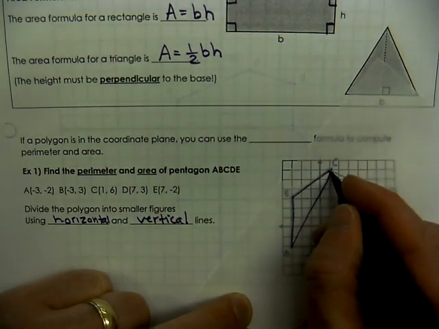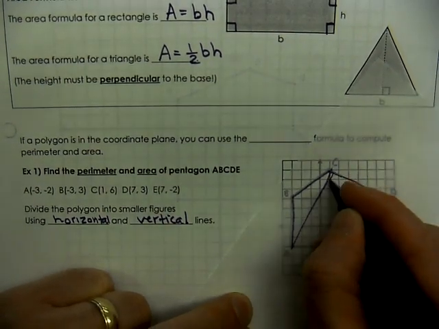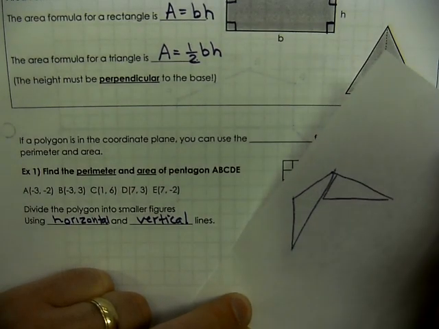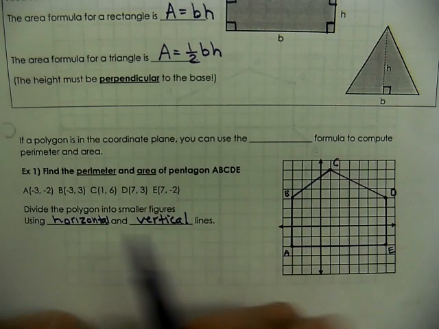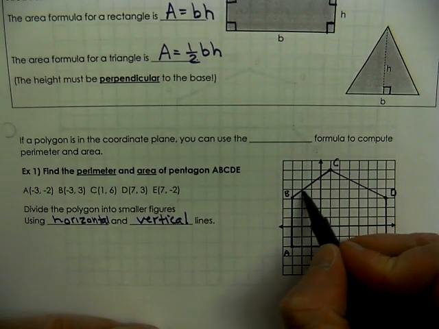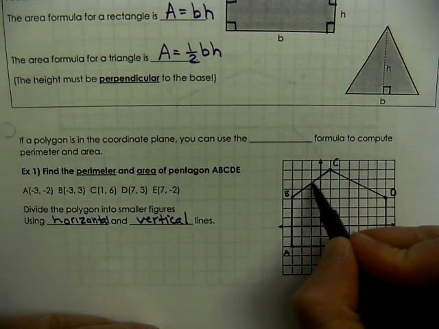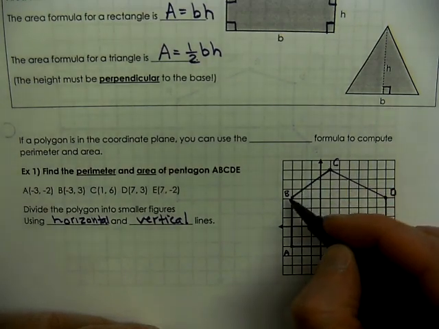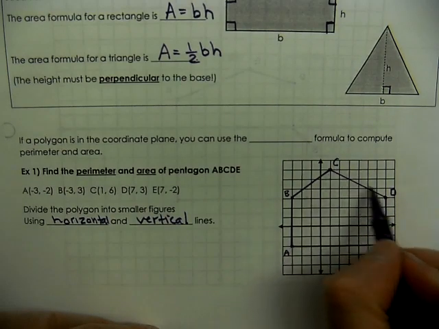And if you try to divide the shape up like this, again, it's not impossible, but there are just easier ways to do it, and we do that with horizontal lines and vertical lines. So if you have a slanted line like this, you can create a triangle out of that.